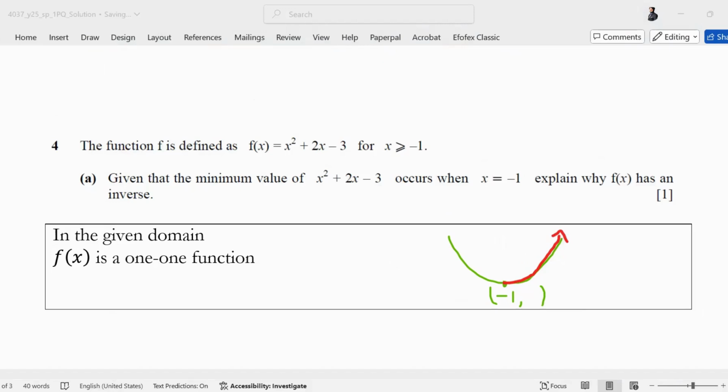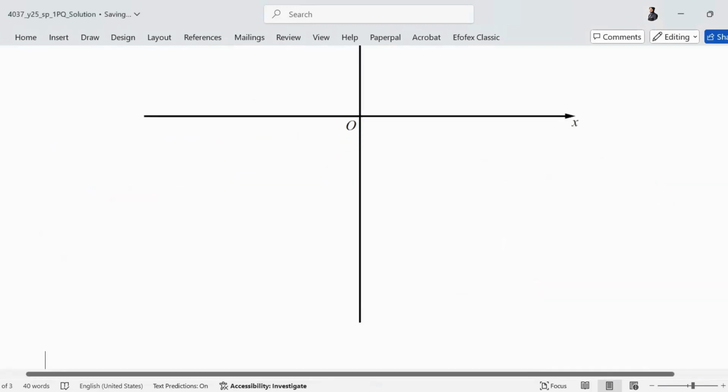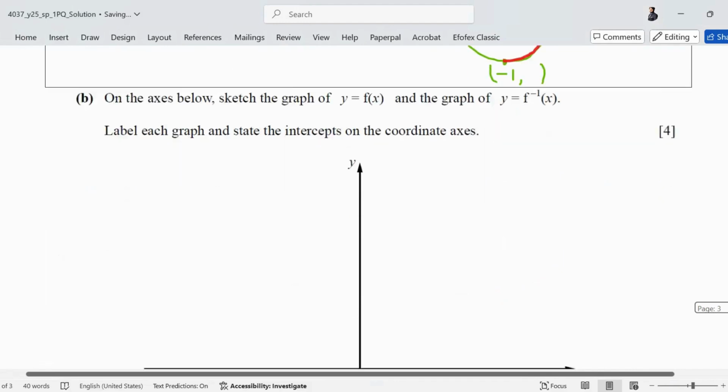And now the question wants us to sketch the graph of the function and its inverse.